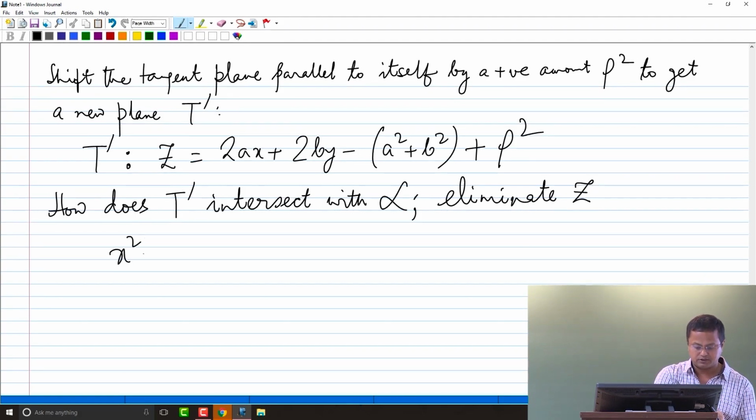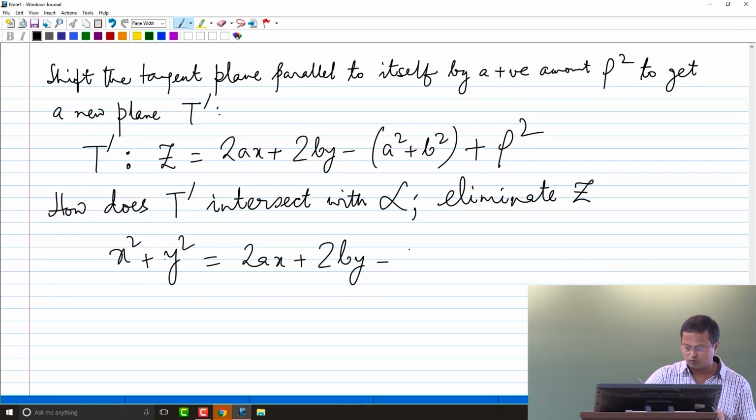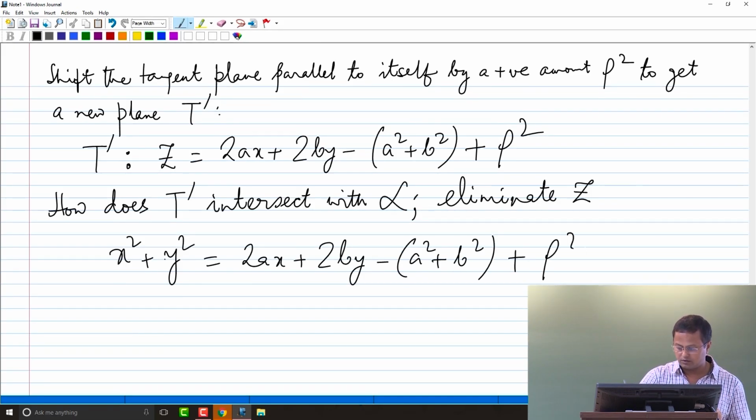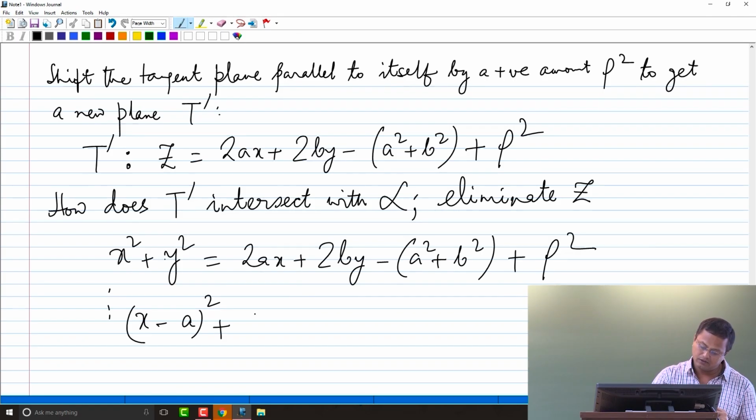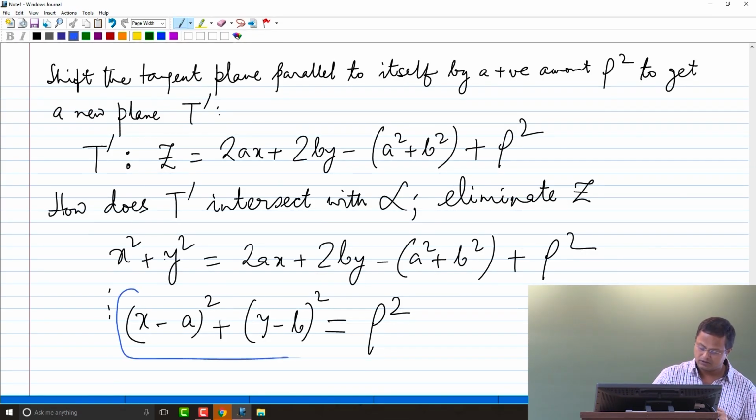So, you have x square plus y square equals 2ax plus 2by minus (a square plus b square) plus rho square, which obviously you understand is nothing but, what is this?